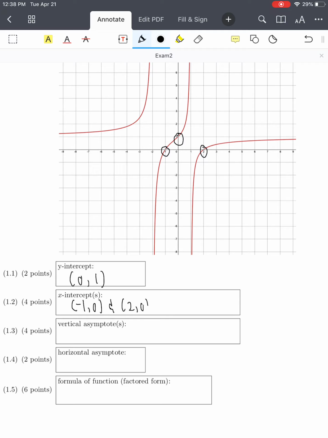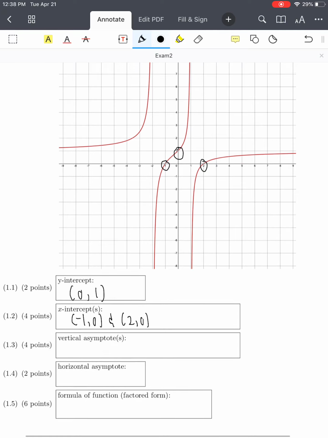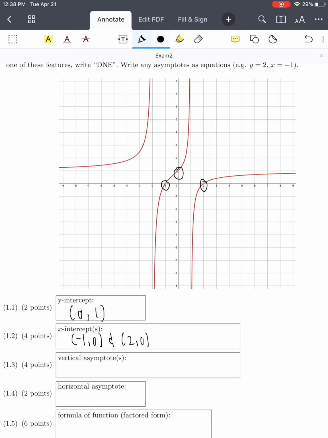and (2, 0). The vertical asymptotes, let's see, those are where it jumps. Looks like there's one right here and one right here.